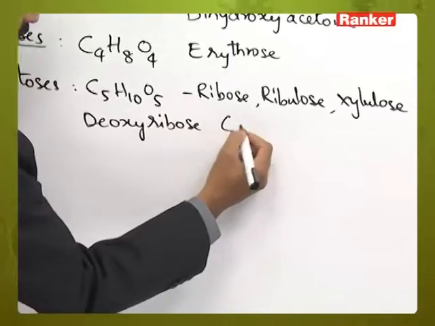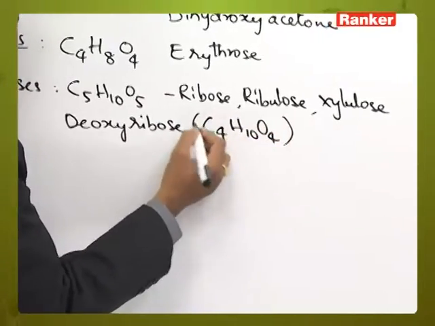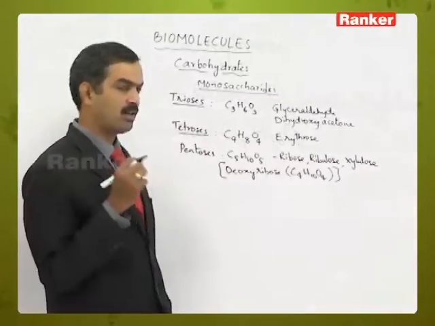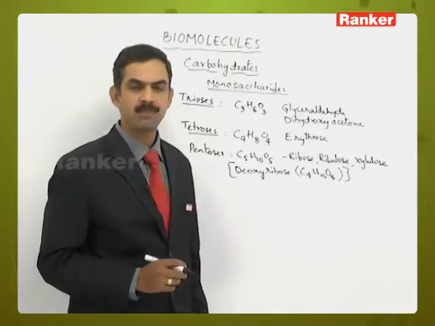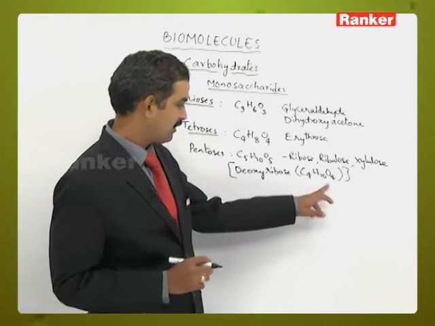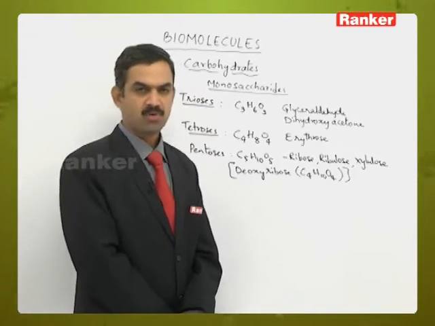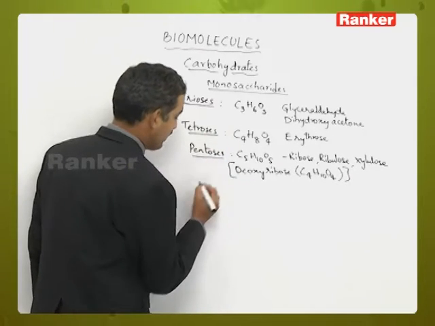Deoxyribose is the exceptional case, where C5H10O4 is present. That is the only exceptional case where the basic molecular formula does not exactly fit, because the hydrogen and oxygen numbers are not proportionate to those of other monosaccharide molecules.